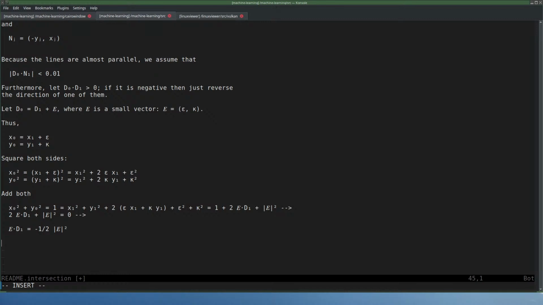So D1 is D0 plus E. And I wrote it the other way around. Okay, so I draw it. It would make more sense to write it the other way around. I'm sorry about that. I'm gonna do that. Too much of a perfectionist, maybe? I don't know. Yep, and then we get here as well.